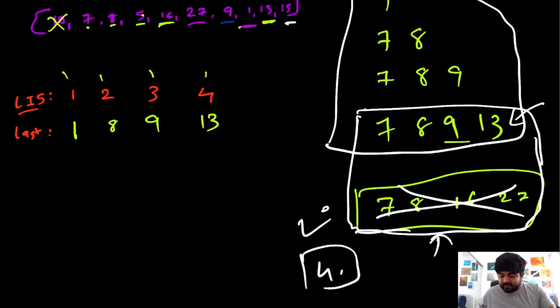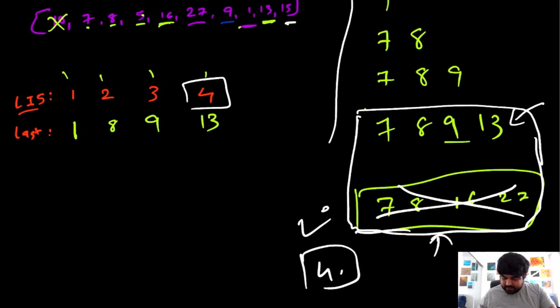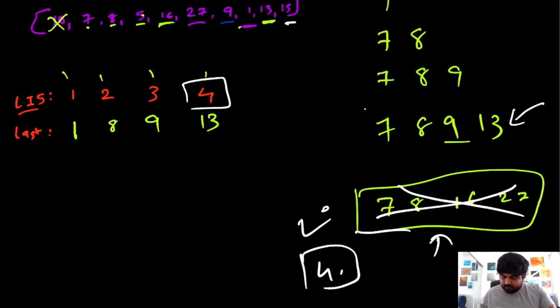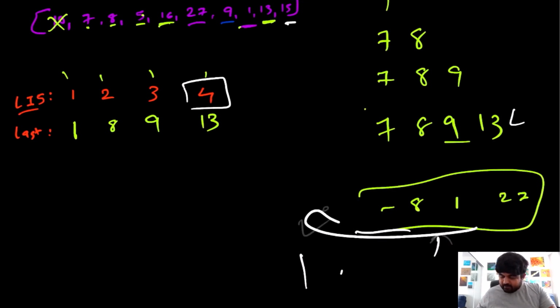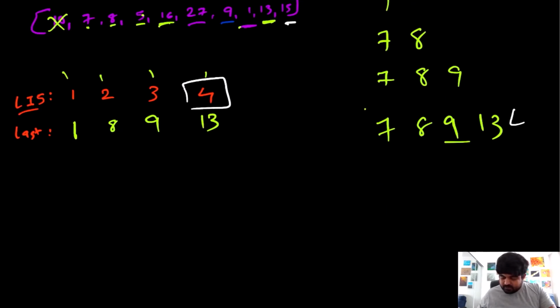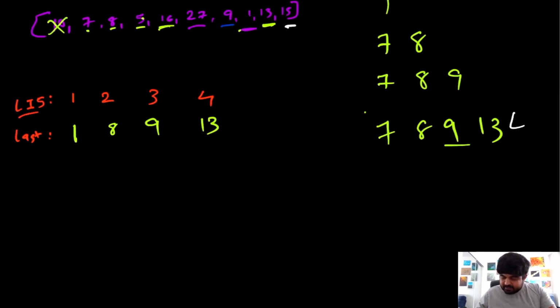So that is why in the previous step we replaced the value 4 with 13. I hope this makes it more understandable. Now let's see what we can do for this value number 15. The logic is quite simple. We are simply going to append this value number 15 behind this 13.